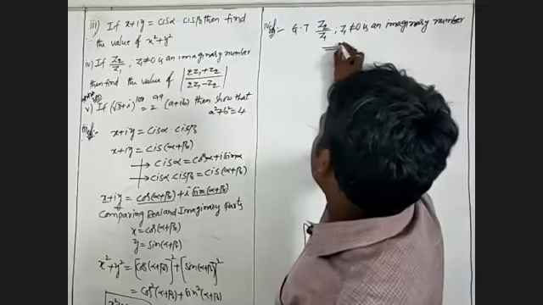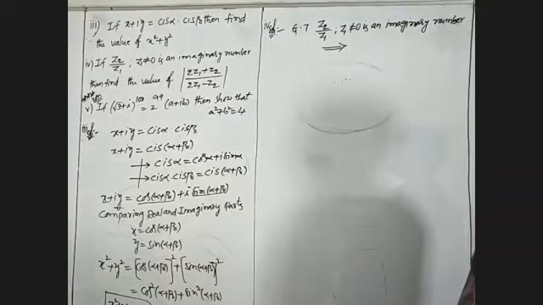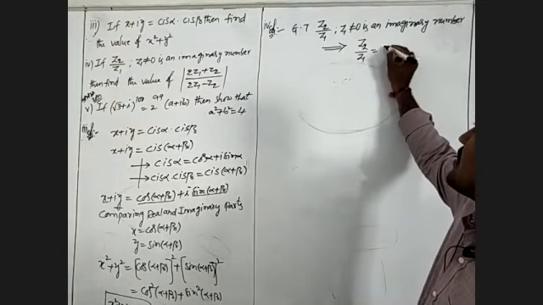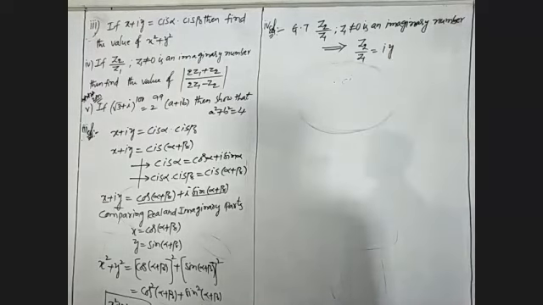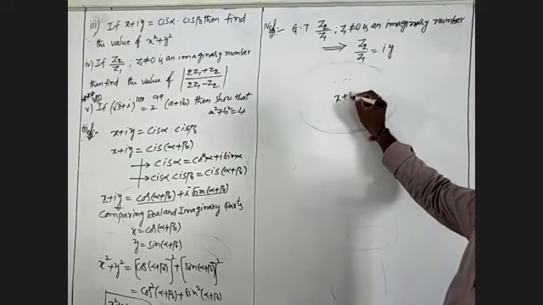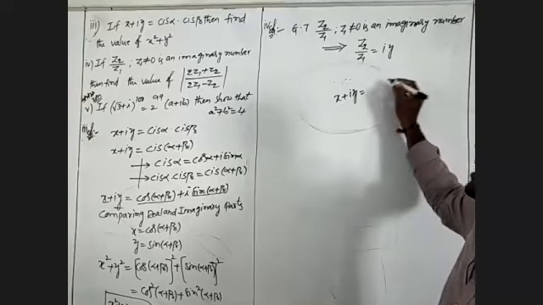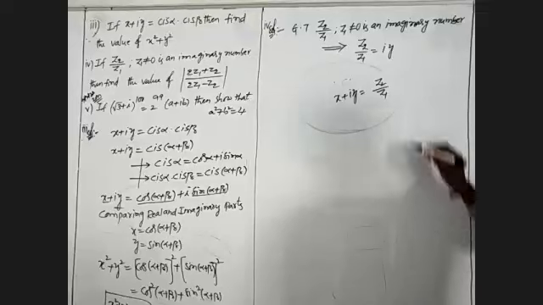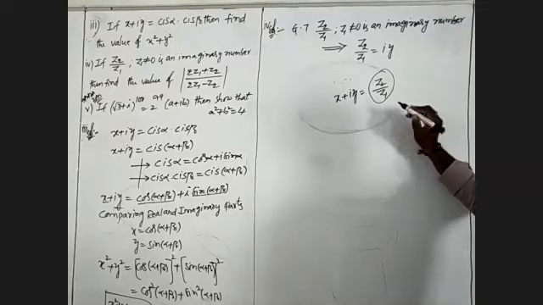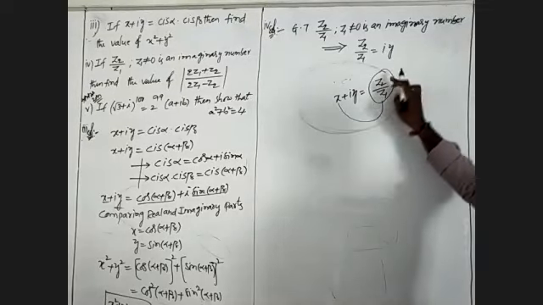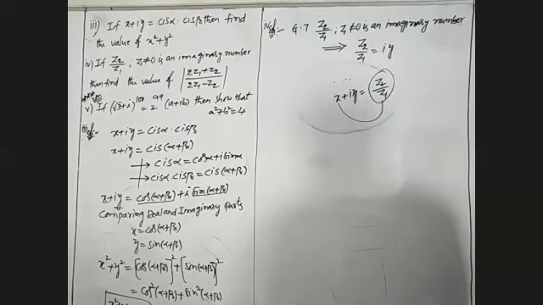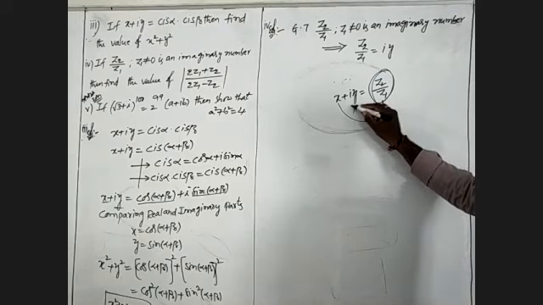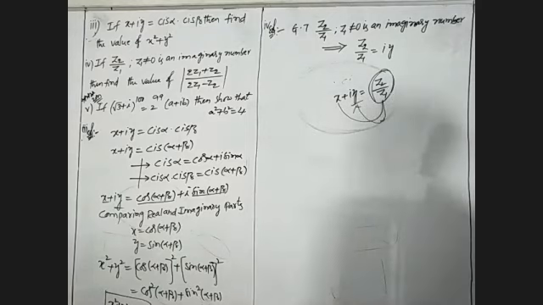When z2 by z1 is an imaginary number, I will write z2 by z1 is nothing but iy. We observe that x plus iy is a complex number; comparing with z2 by z1, the real part x is 0, so z2 by z1 is nothing but iy.